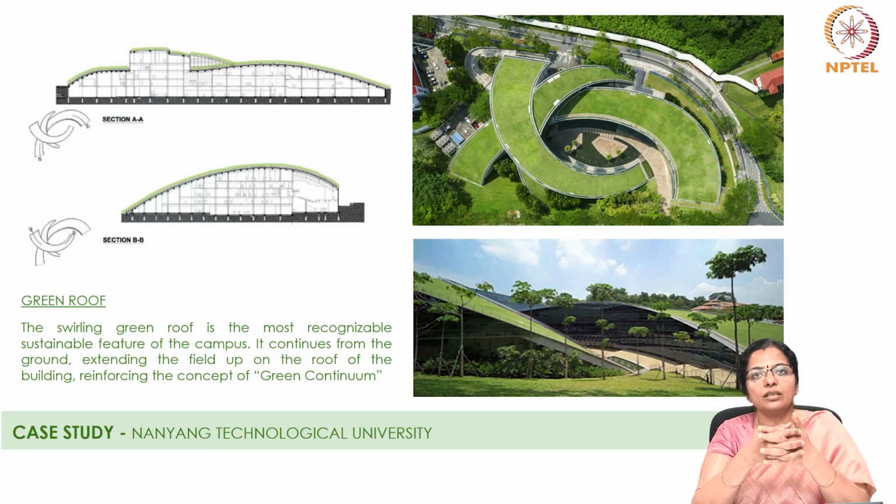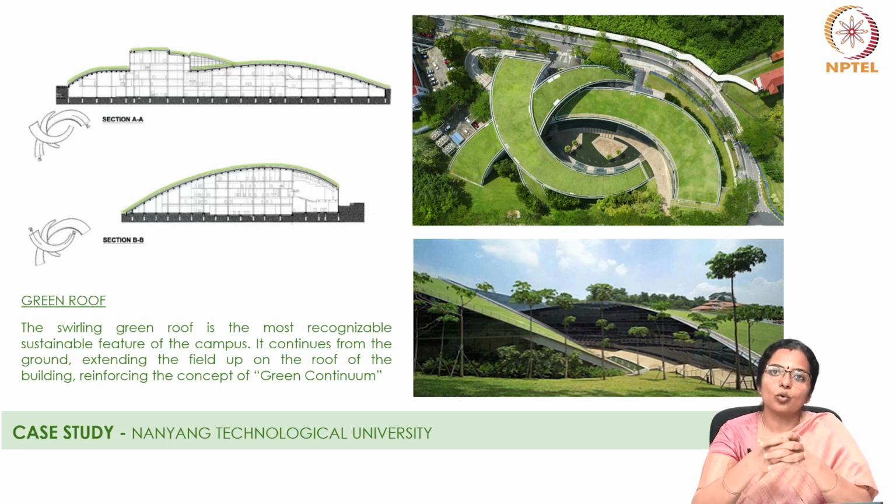Also, insulation of the roof becomes important. Insulation from moisture as well as heat becomes important. We saw the advantages and disadvantages of the green roof, and we saw two case studies where green roofs have been used to effectively lower the indoor temperature.